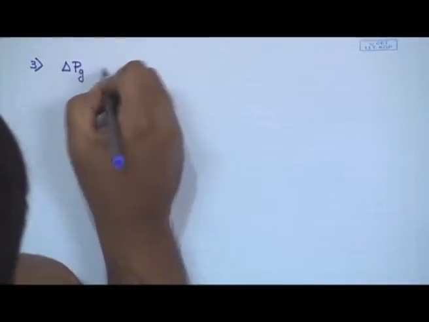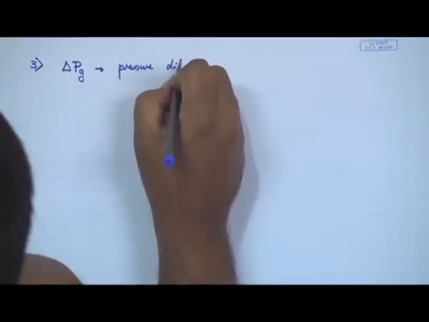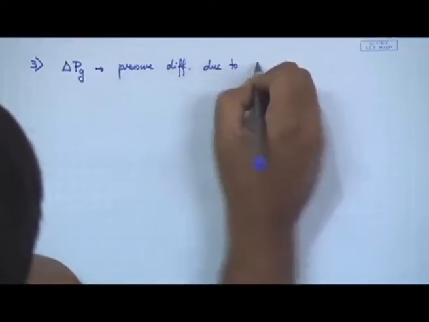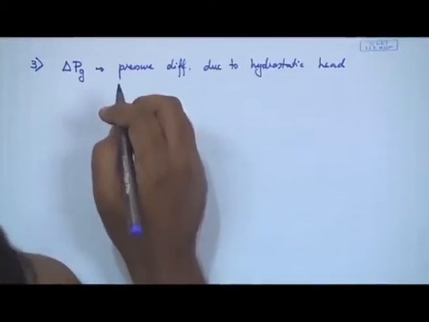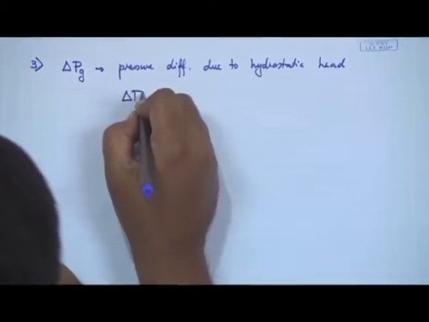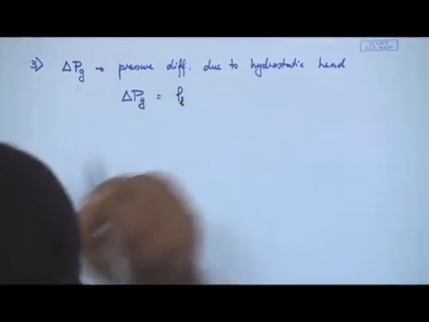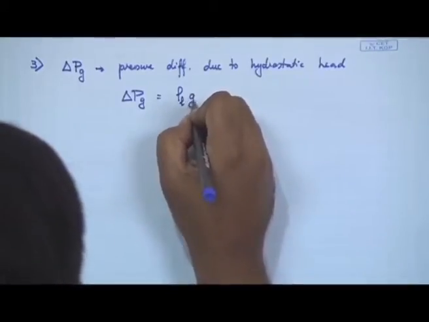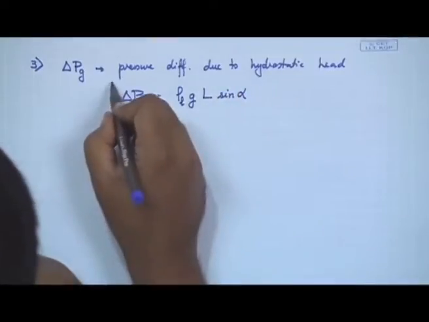The next one, which is number 3, is the gravity force, delta P G. This is pressure difference due to hydrostatic head, which for our figure can be written as delta P G is equal to rho g L sin alpha.